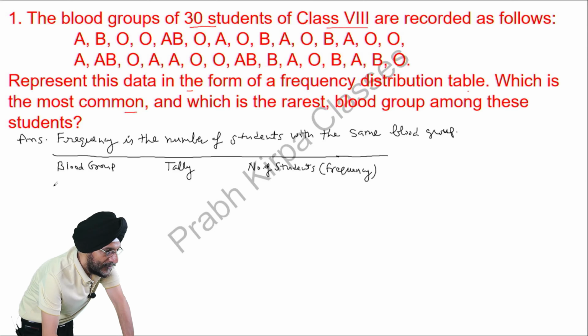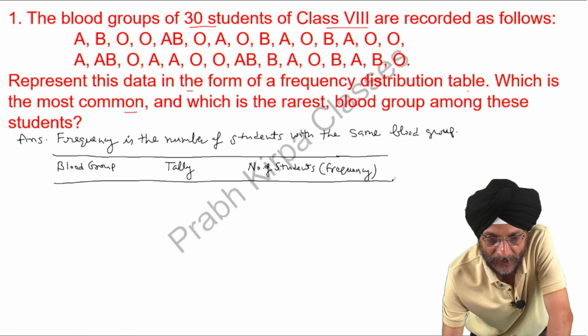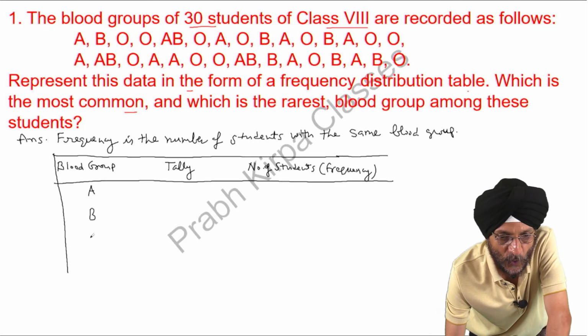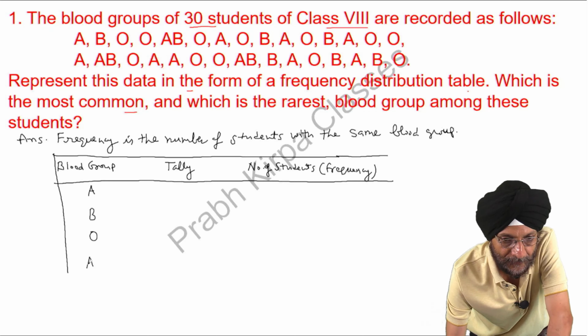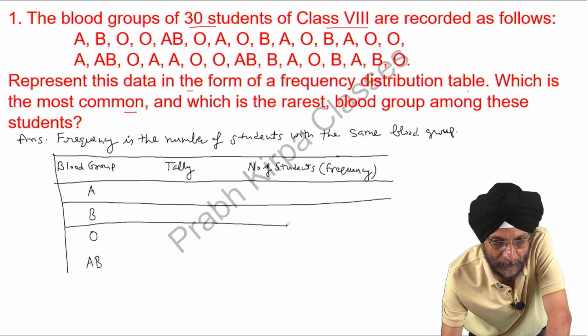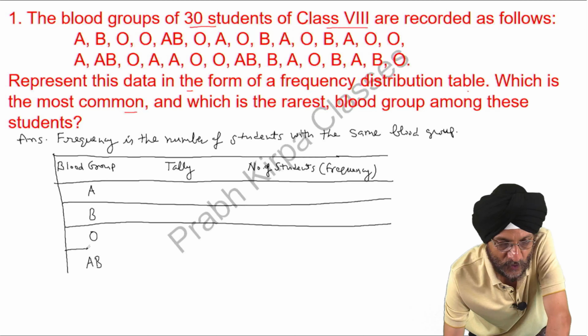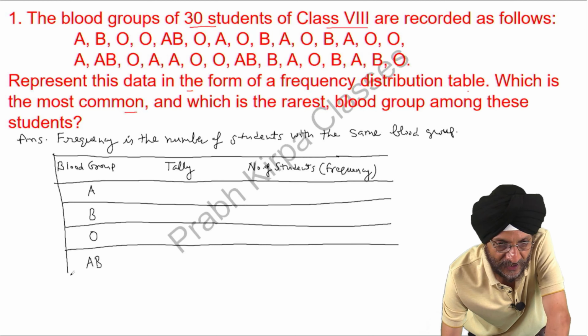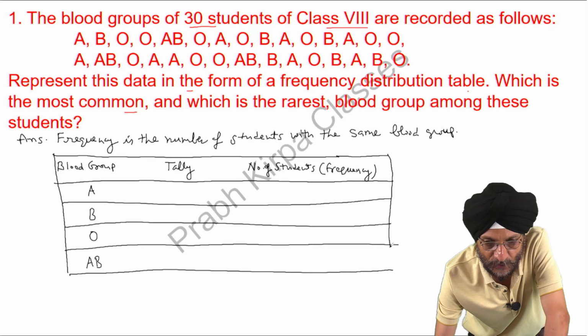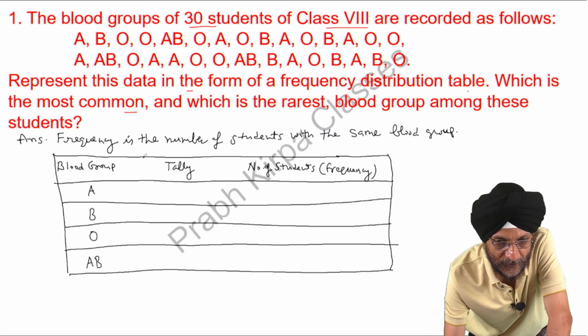These will be the columns of the table. The blood groups are A, B, O, and AB. This is the table which we have formed.